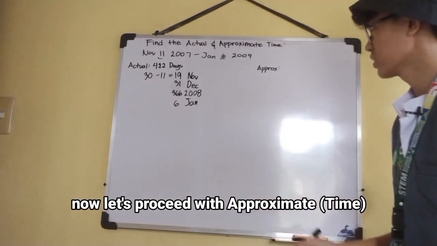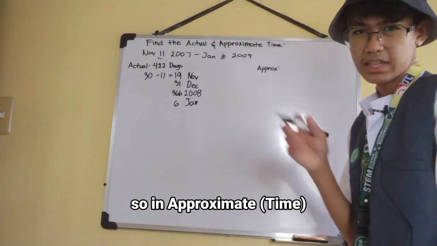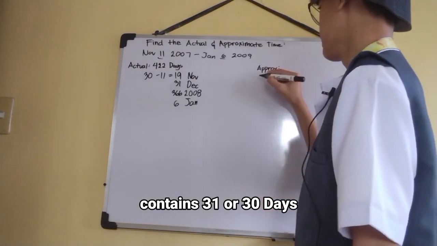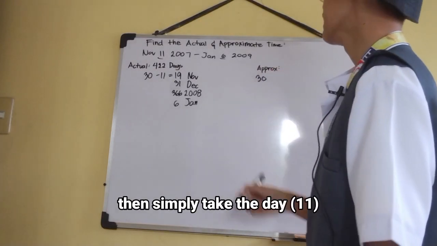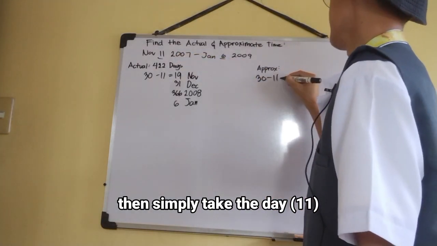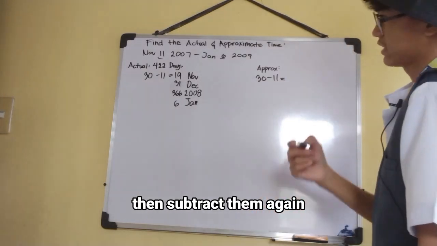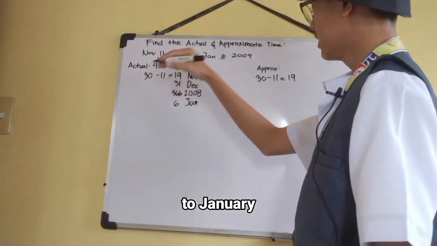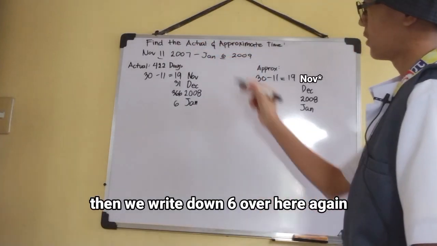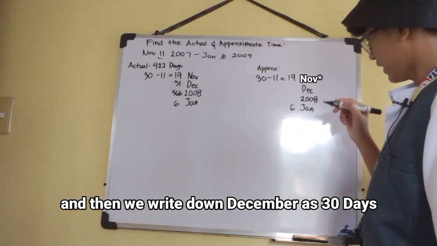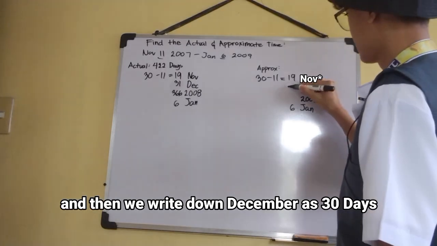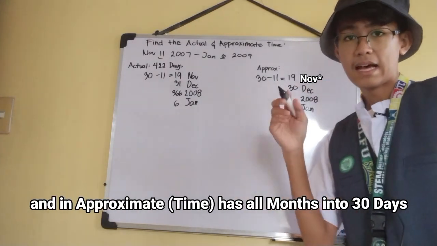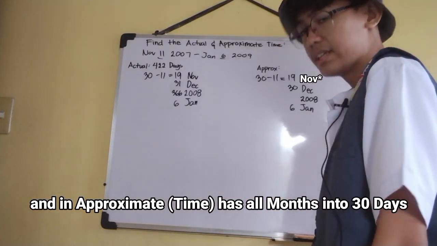Now let's proceed with approximate. In approximate, we don't have to identify if a month contains 31 or 30 days. We just write 30, then take the day 11 and subtract it again. That'll be 19. Write down all the months between November and January. Then we write down 6 over here again. And then we write down December as 30 days because remember, we're doing approximate, and approximate treats all months as 30 days.